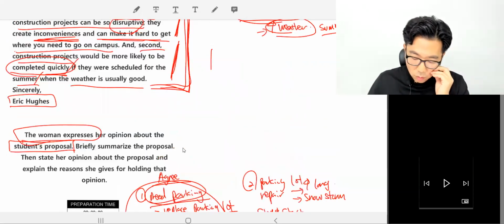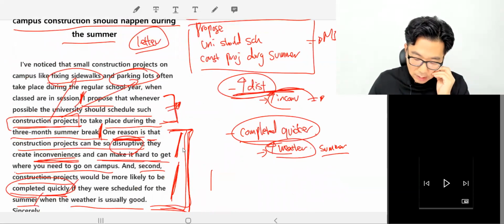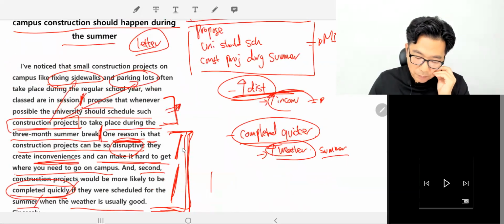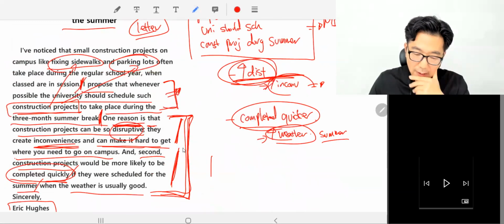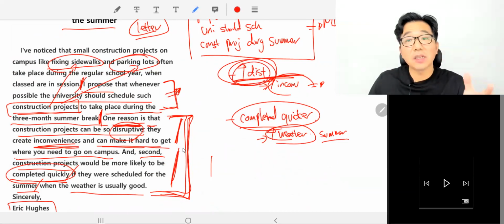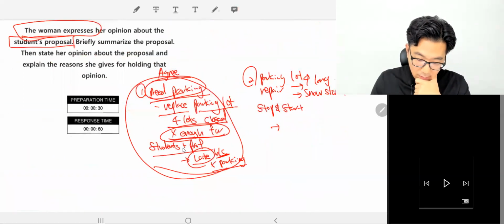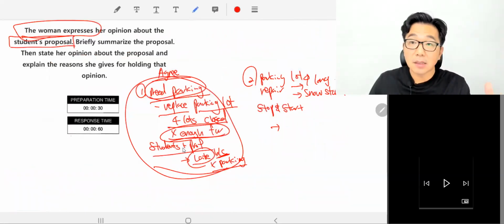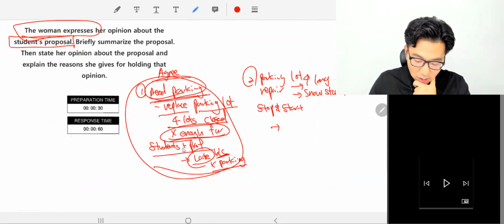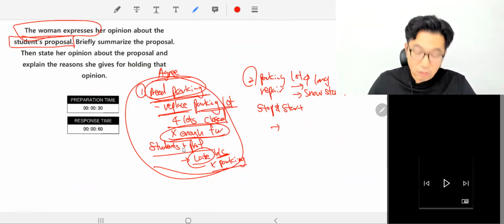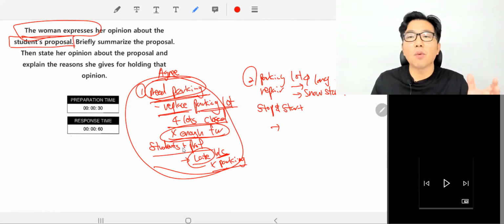Okay. So the first reason is that it is very disruptive. It causes a lot of disruption for students, or it is very disruptive. For example, she needs parking, but the university replaced parking lots, or you could start with the university replaced parking lots as a first sentence.